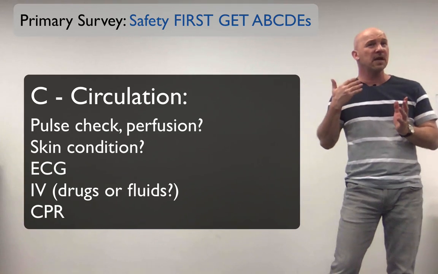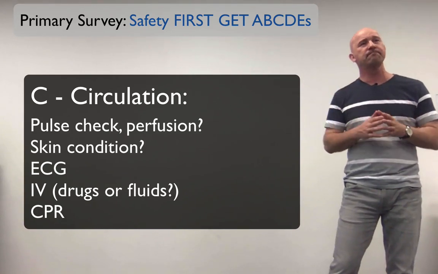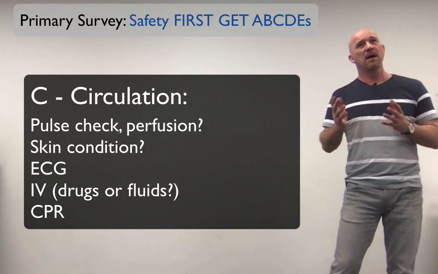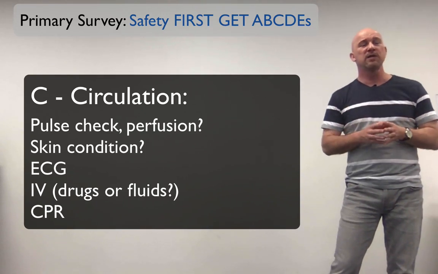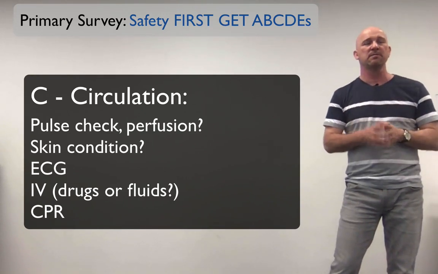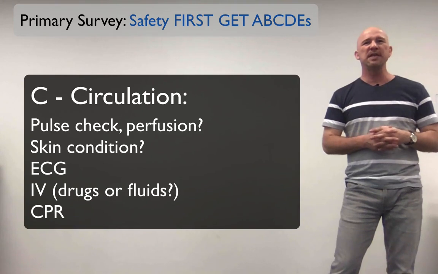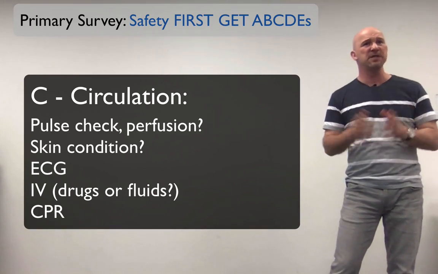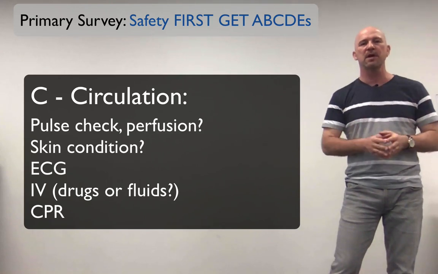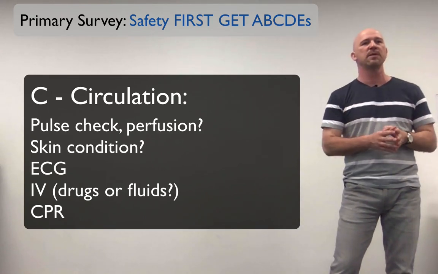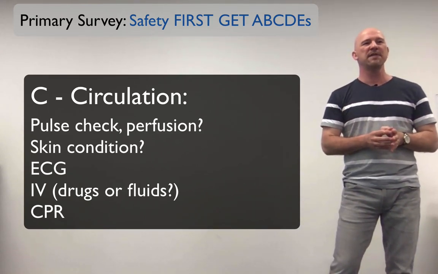I take a look at her skin. What's the condition of her skin? And I discover it's a little pale, it's warm, and it's not diaphoretic. That's pretty good. Do I need to put an ECG on at this point? Yeah, possibly. If she's a little tacky, why not? If my partner's got time, I'll put on an ECG and see what I see. Do I need to start an IV?